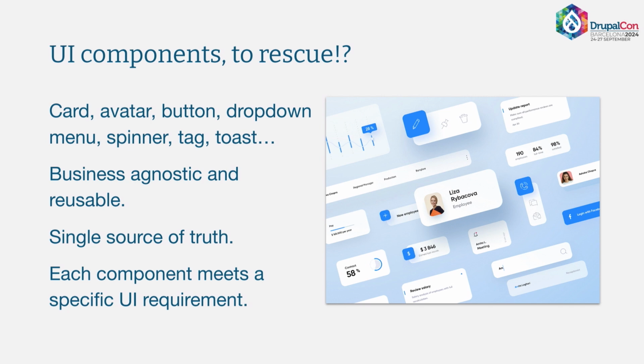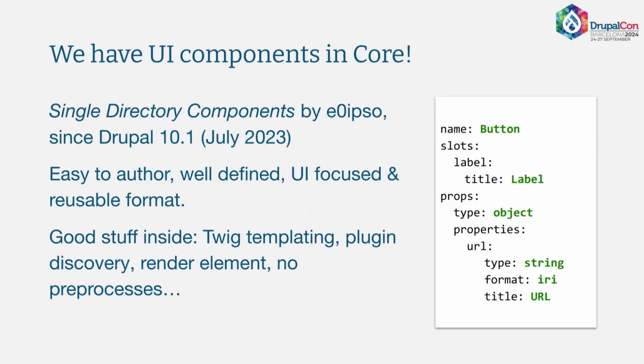I think we need components. And probably components like cards and other stuff. They will help us to have a single point of truth of our markup. So to avoid copying our Twig template, we can use components for this. And the good news is we have now components in Core.